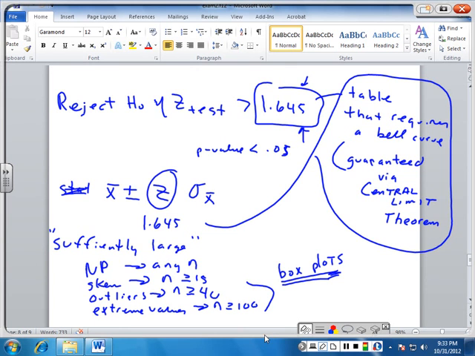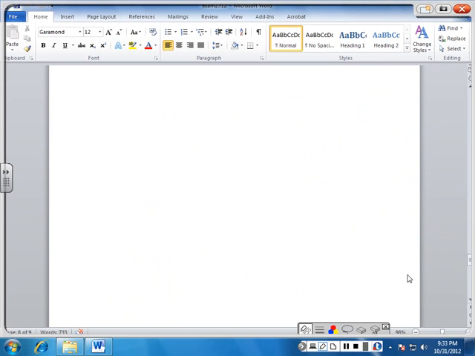It only shows if you have them; it doesn't distinguish between outliers and extreme values, so you have to know what they are. The outliers are 1.5 IQRs, box widths, from the box, and extreme values are 3 IQRs above or below the box in the box plot.